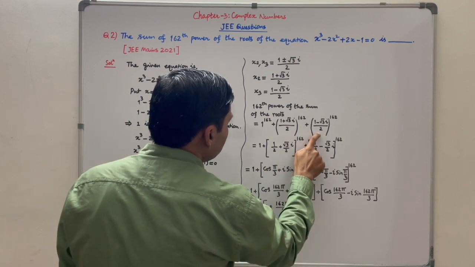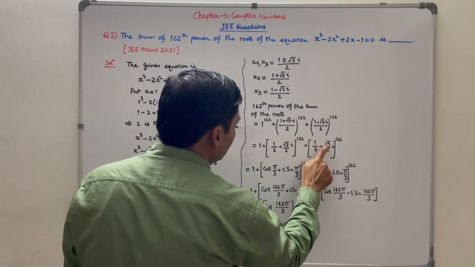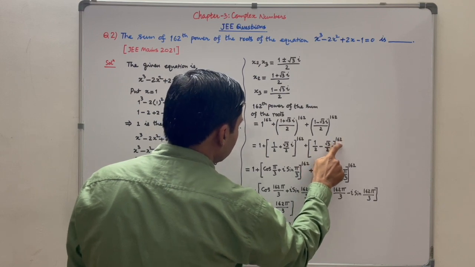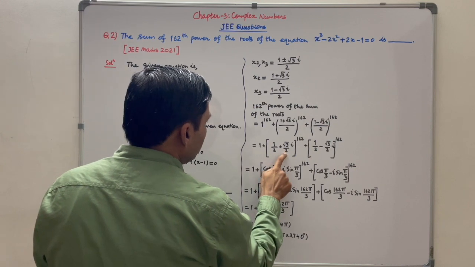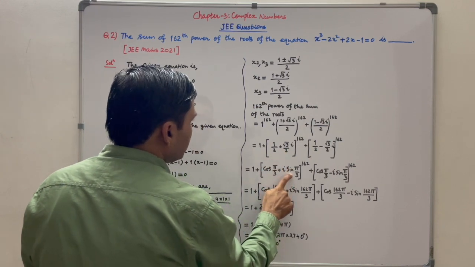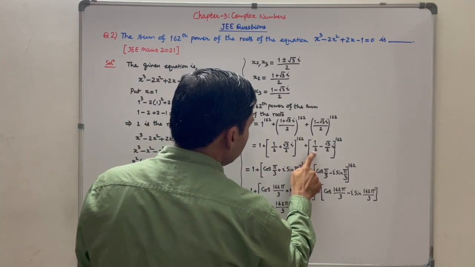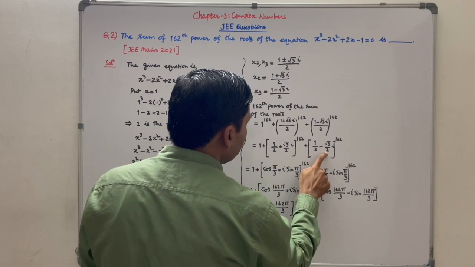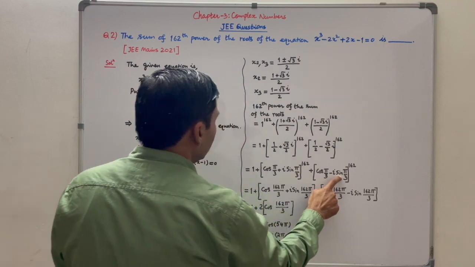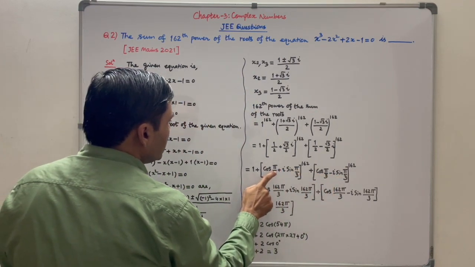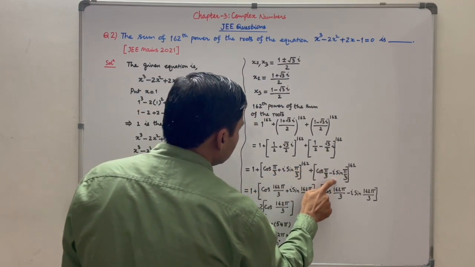And third term can be written as (1 by 2 minus root 3i by 2) to power 162. 1 by 2 means cos pi by 3. Root 3 by 2 means sin pi by 3. Similarly, 1 by 2 means cos pi by 3 and minus root 3 by 2 means minus sin pi by 3. Now we can apply De Moivre's theorem in second and third term.